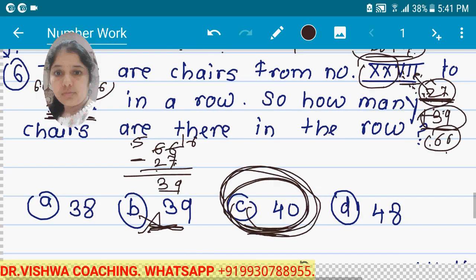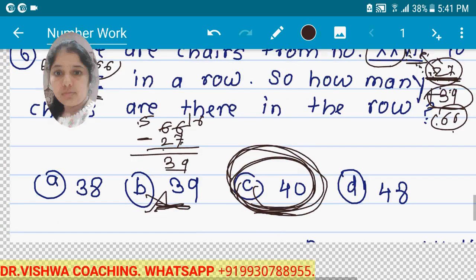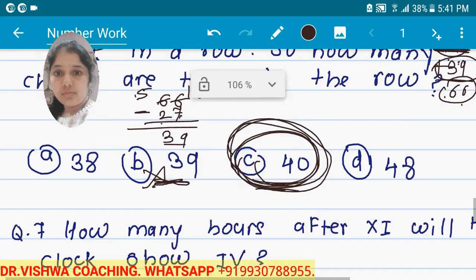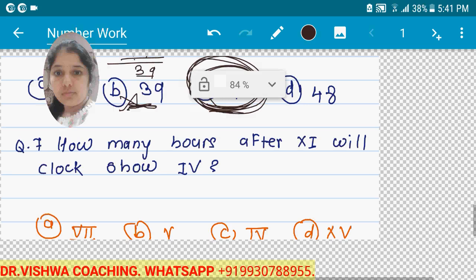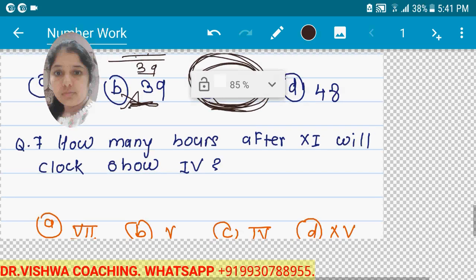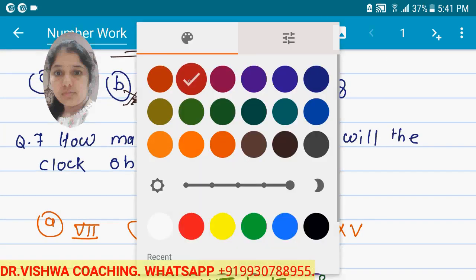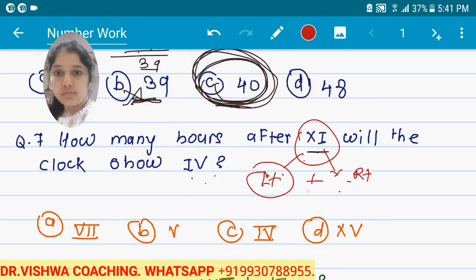Now here, how many hours after XI will the clock show IV? Now you tell me what is meant by XI. Now see, I is the smaller number written at the right side, X is the bigger number written on the left side. So what you will do here, we add. So XI means 11 o'clock. Now look at the IV.